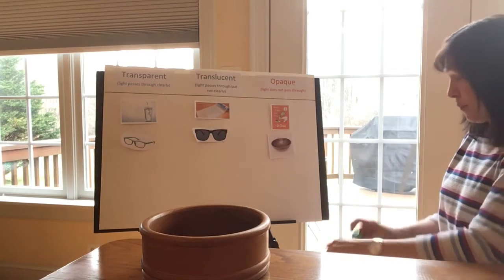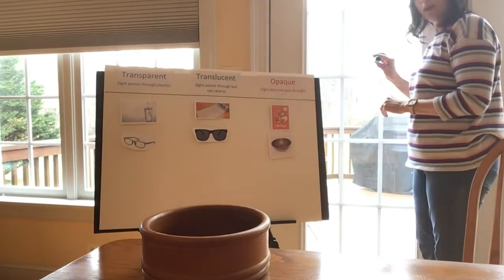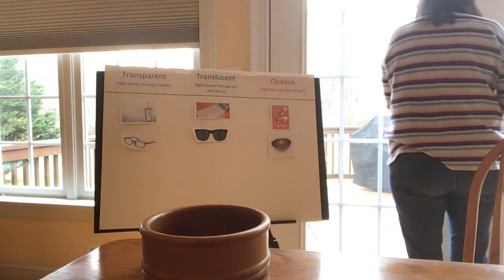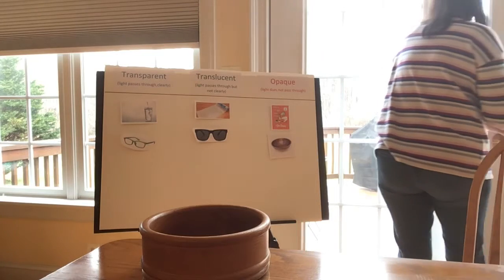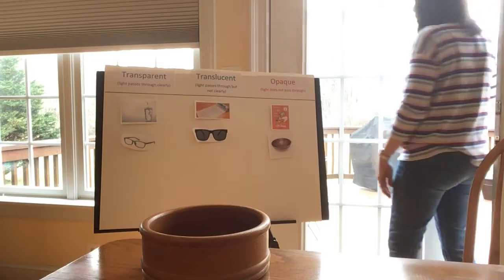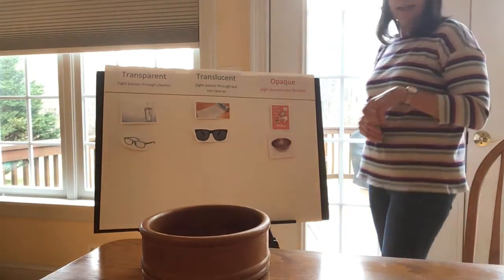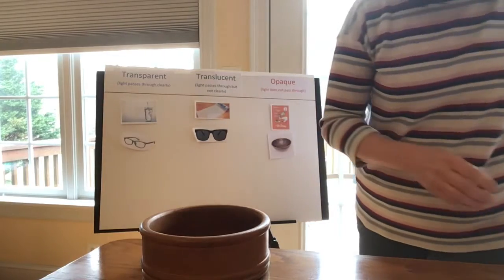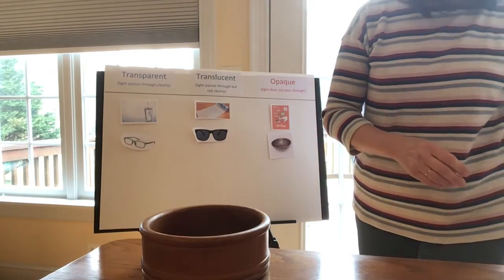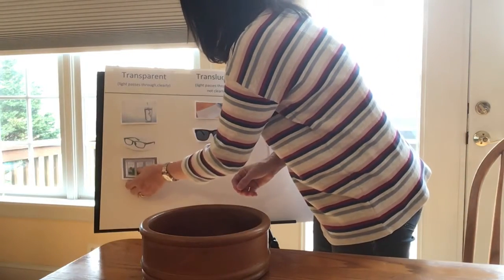Plus, you can shine light through it. It's hard to tell, I know, because the room is lit. And you can shine light through it this way. A little bit hard to see that, I know. But it is clear and it is transparent. Windows, clear windows are transparent.